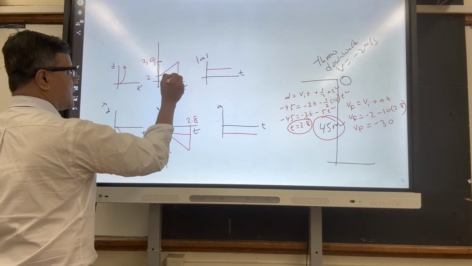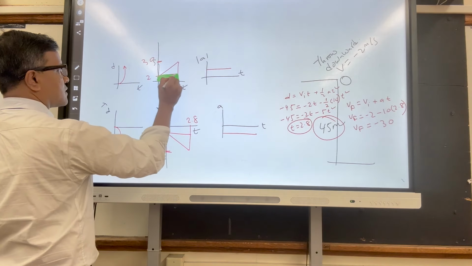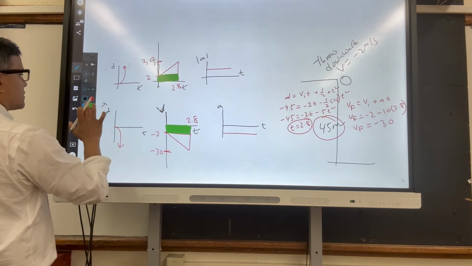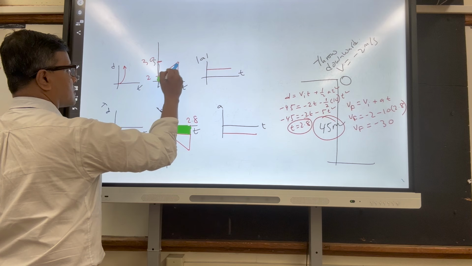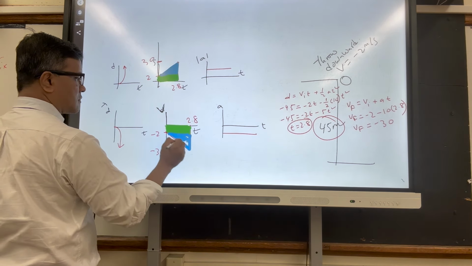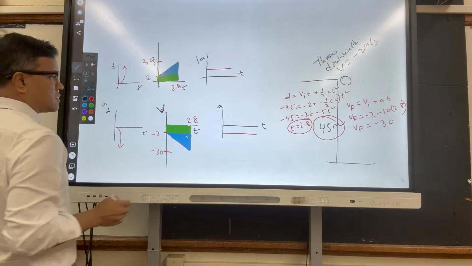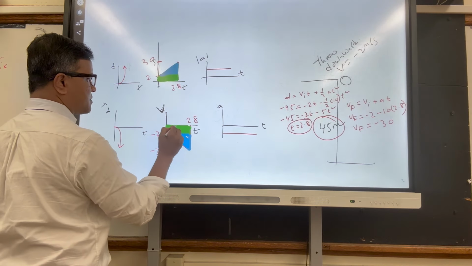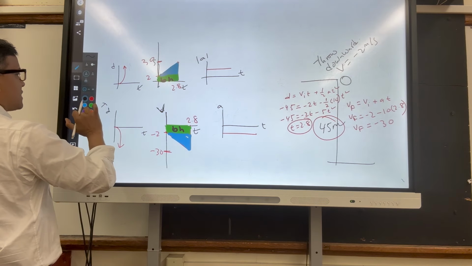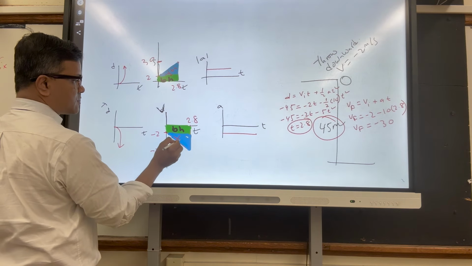So divide it into a triangle and a rectangle. So this one is BH. This one is BH. This one is half BH.